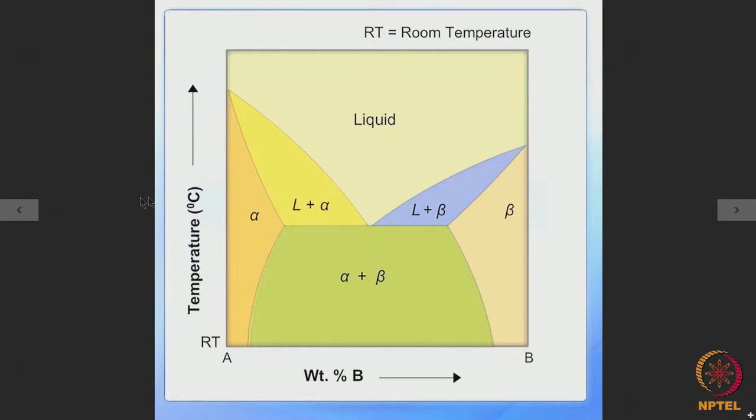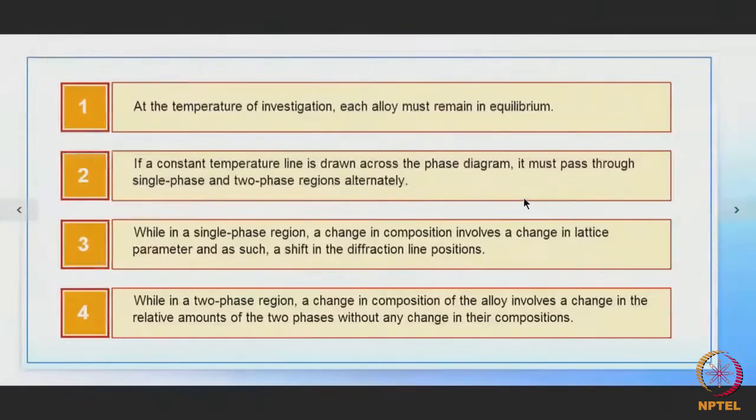We find up to here it is a single phase, from here to here along the line it is a two phase, again it is a single phase, again it is a two phase, again it will be a single phase. So, both single and double phases will coexist alternately. So, if a constant temperature line is drawn across the phase diagram, it must pass through single phase and two phase regions alternately.